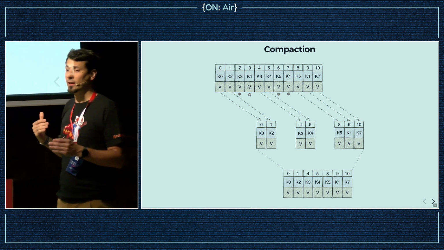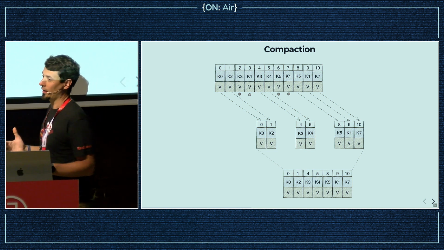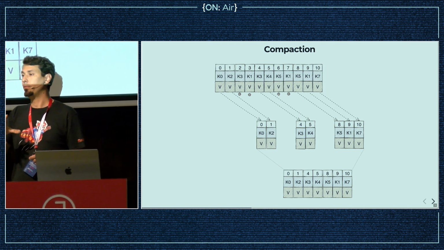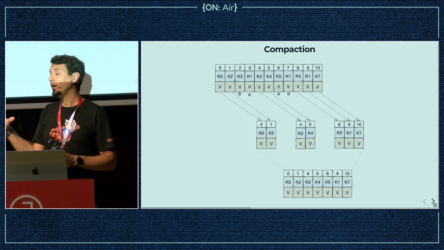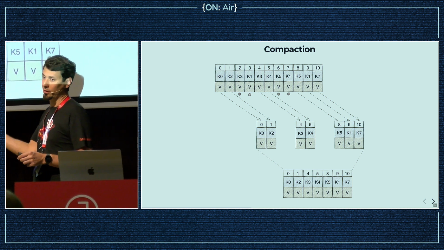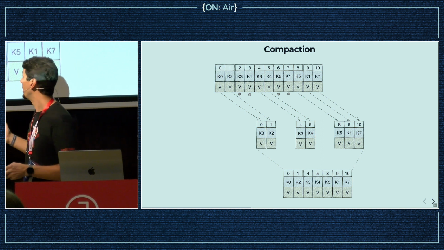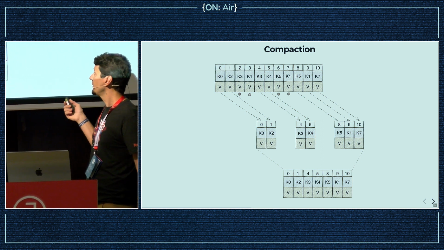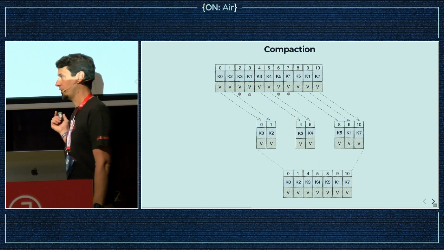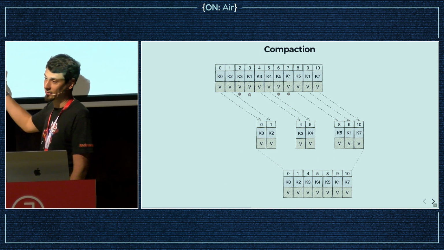This can be imagined as the process of building a simple map in our application, where whenever a new value for a key appears, you simply replace the value in the map. So this is roughly what compaction does. And compaction is an IO-intensive process, as the data has to be read, right?